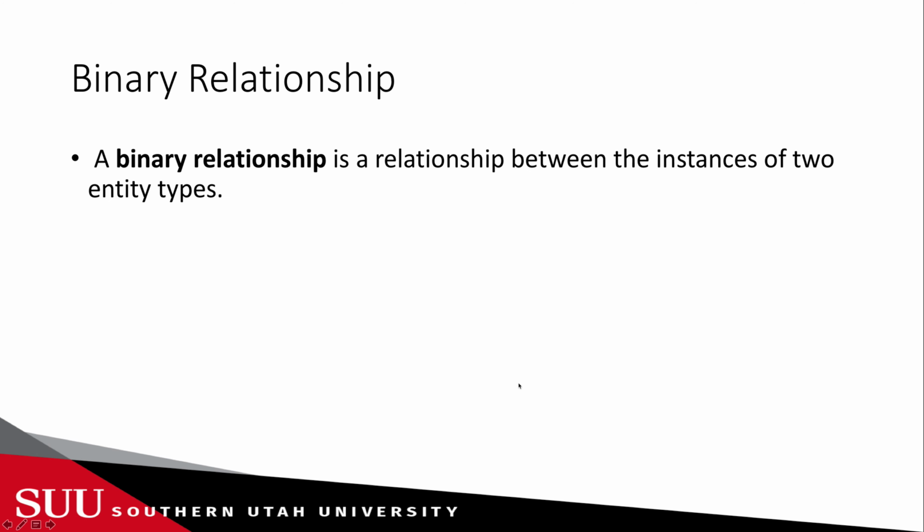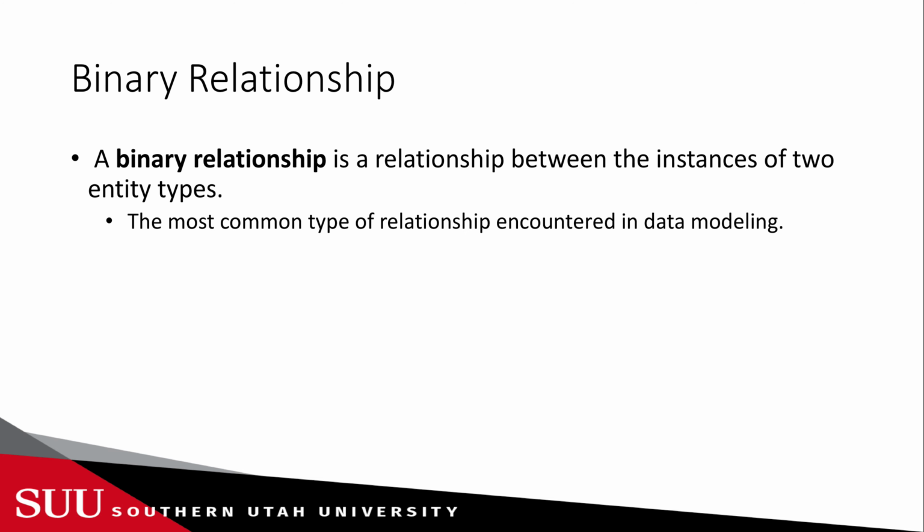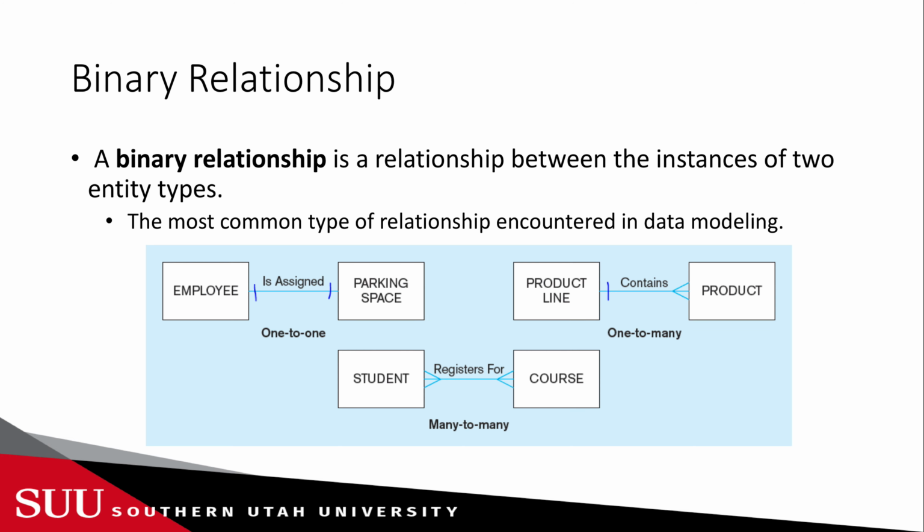The binary relationship is a relationship between the instances of two entity types. Again, this is going to be the most common one, the most popular. You will encounter this the most when doing your data modeling. So again, some examples here. As we've seen, the employee with parking example, which is a one-to-one binary relationship.